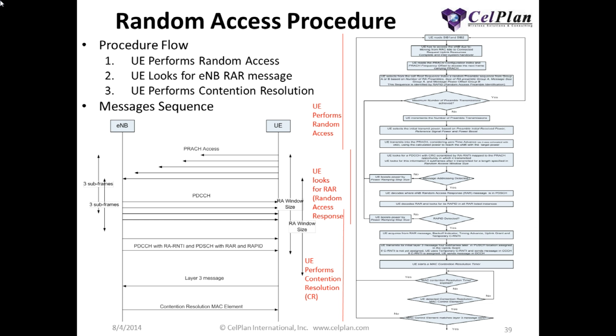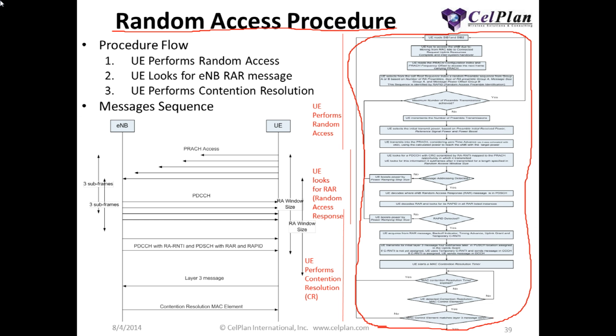Okay, this is a very crowded slide, and I'm quite sure you are not able to read what is here on the right-hand side. But you're not supposed to read this. I just want to show you the extent of the random access procedure, and I divided it in 3 blocks.